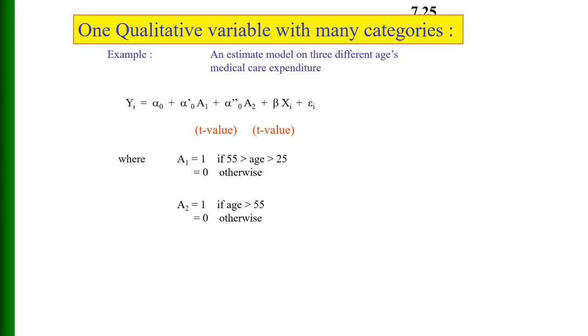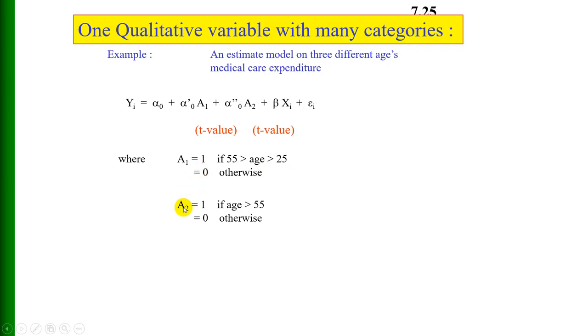We have this one quantitative variable with many categories. An estimated model on three different ages, medical care expenditures. So we have this model. One dummy is this: A1 is equal to 1 if 25 is less than age is less than 55, and 0 otherwise.